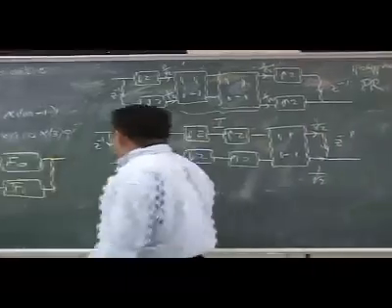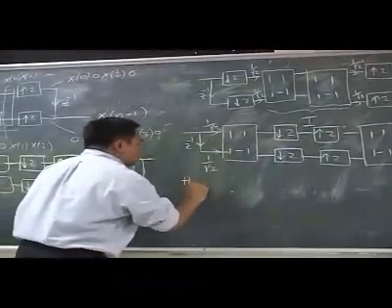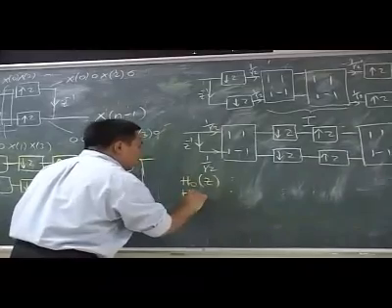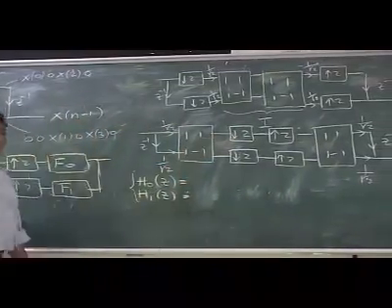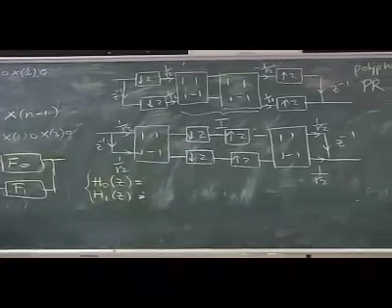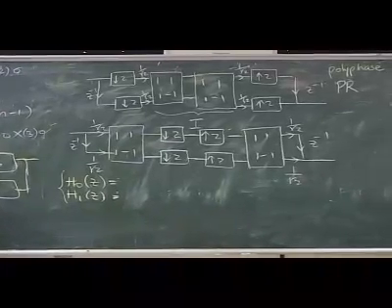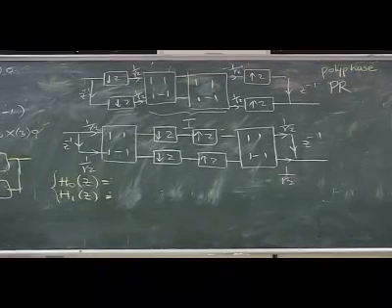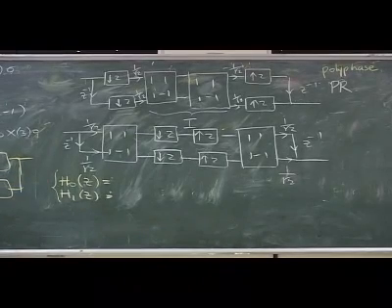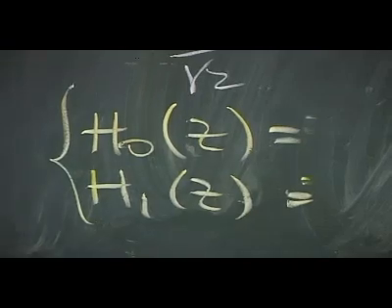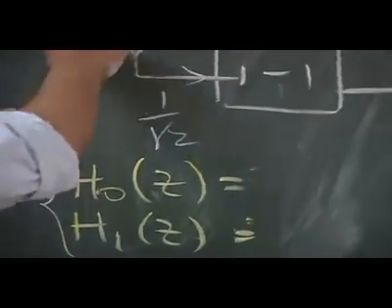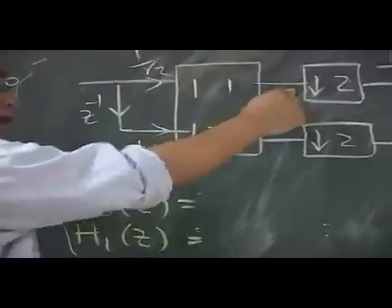So tell me, what is h naught of z, h1 of z for this system? How do I find h naught of z? Here, the transfer function from input to the first downsampling.